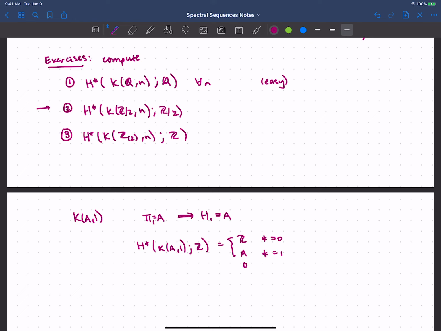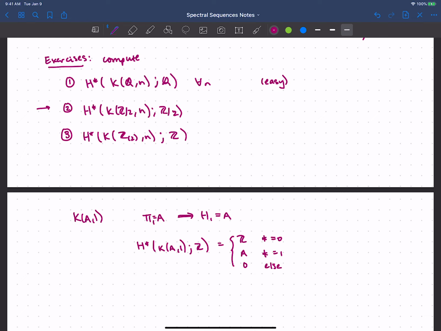This is now cohomology, so it follows from what I wrote above, but it's not just repeating it, and then you'll have 0 else. That gives you the cohomology of your K(A, 1), and now you can kick off your path loop fibration with a connected base, your K(A, 2), and start to do these computations.